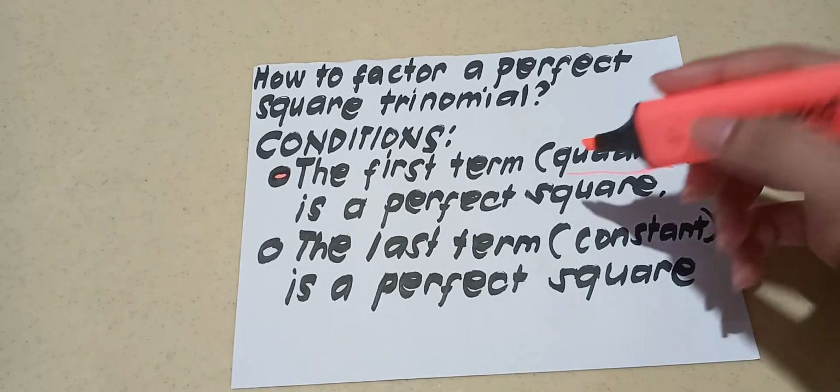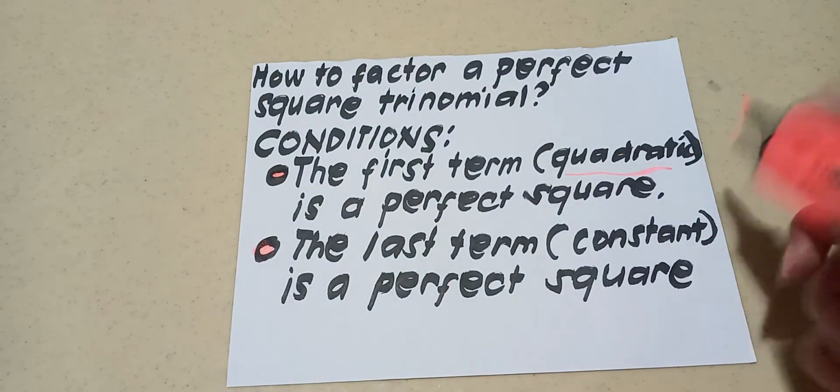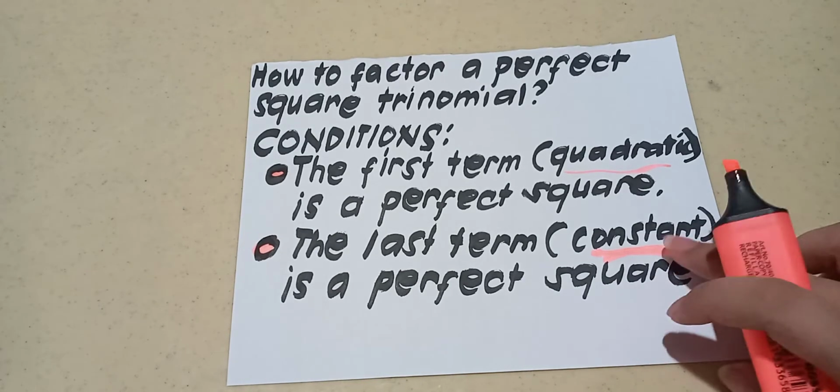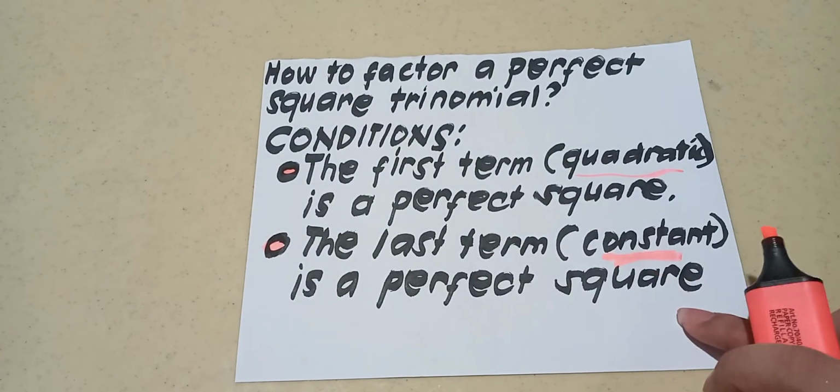The next condition is the last term, or the constant. In some perfect square trinomials the last term has a variable, but it is always a constant. So the last term is a perfect square also.